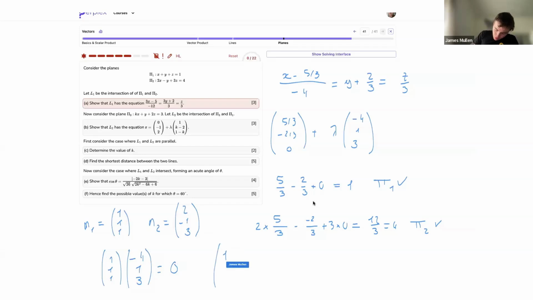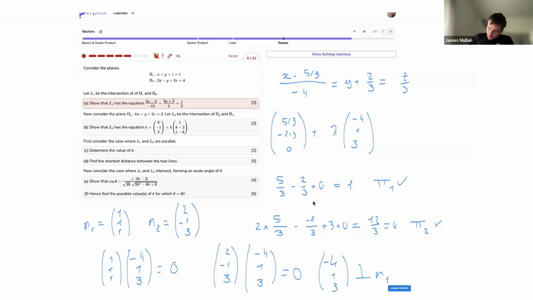And if I do the same thing for 2, negative 1, 3 and for minus 4, 1, 3, I also get 0, which means that the direction is perpendicular to both normals. So minus 4, 1, 3 is perpendicular to n1 and n2, okay? And so it lies in both planes, because a line that is perpendicular to a normal is parallel to the plane. So it's parallel to both planes, it lies in both planes, and therefore L1 does indeed have this equation here, okay?